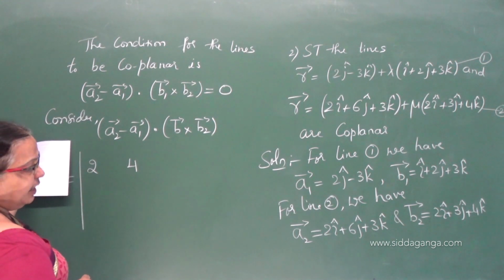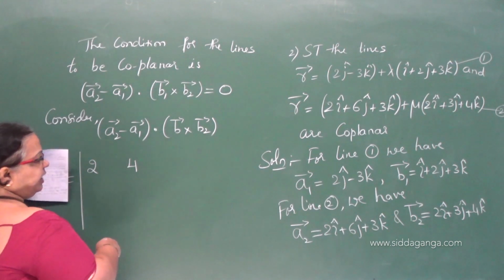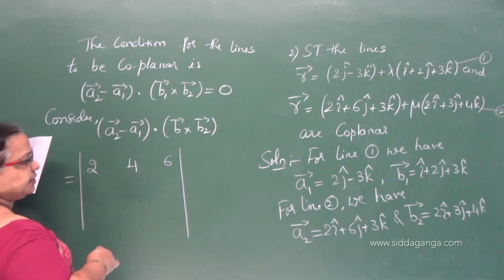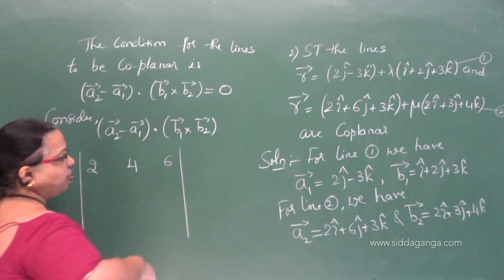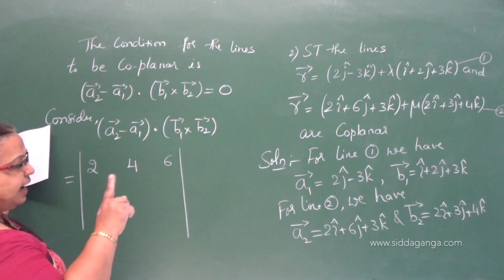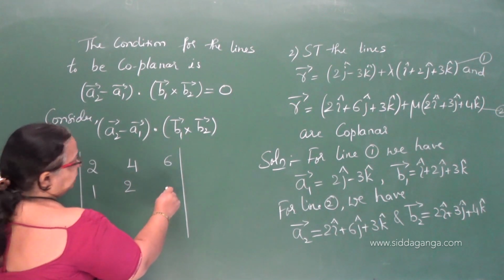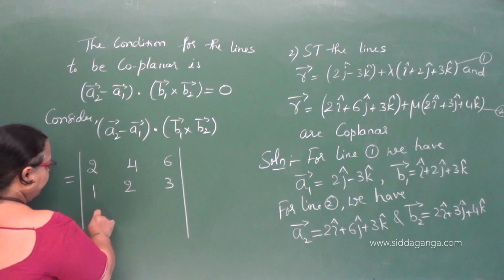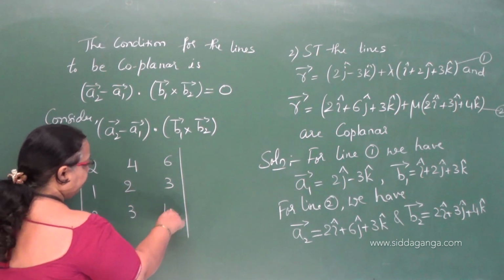Next 3k cap minus minus 3k cap is 6k cap, so we get 6. For vector B1 the components are 1, 2, 3. For vector B2 the components are 2, 3, 4.